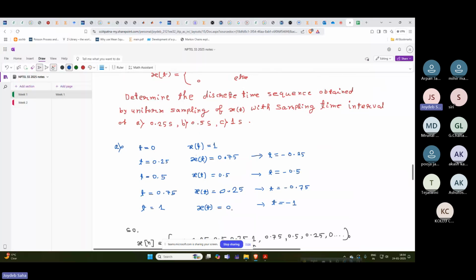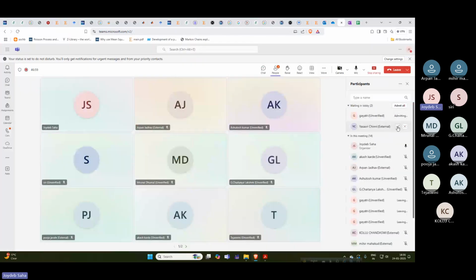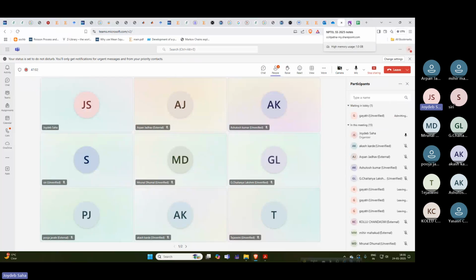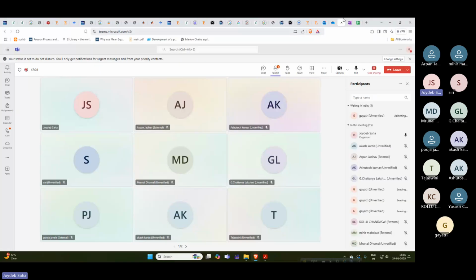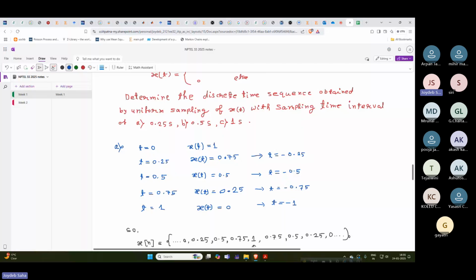If you get the answer, then match it with the answer we will provide here. And if you cannot solve it, then just see it. Okay, so take 2-3 minutes and try to solve.